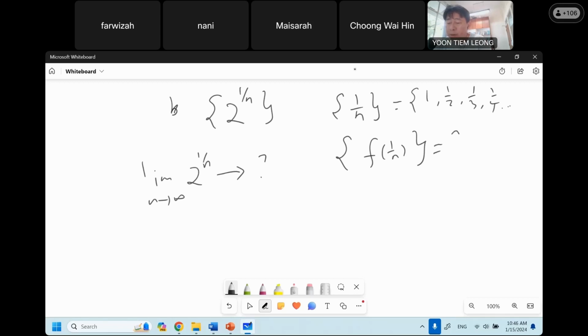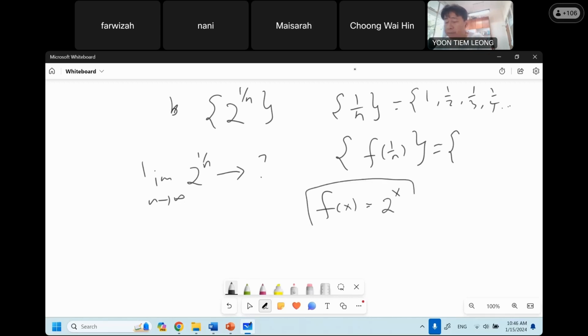Here I've defined my f to be a function in the form of 2 raised to the power of x.